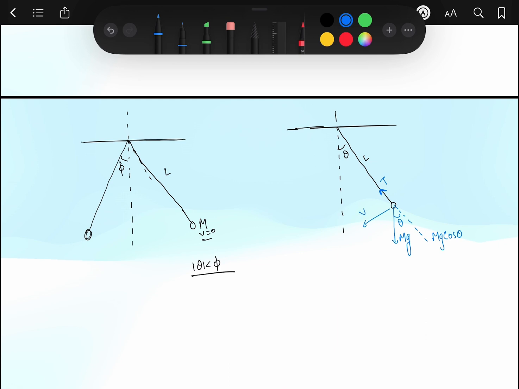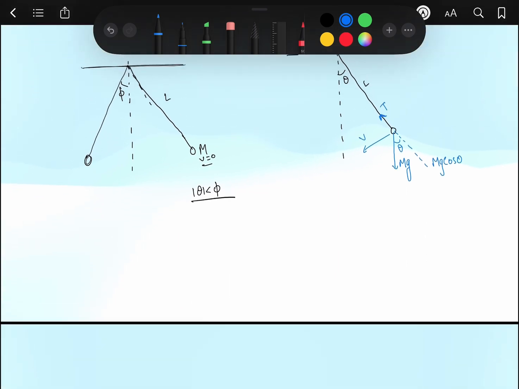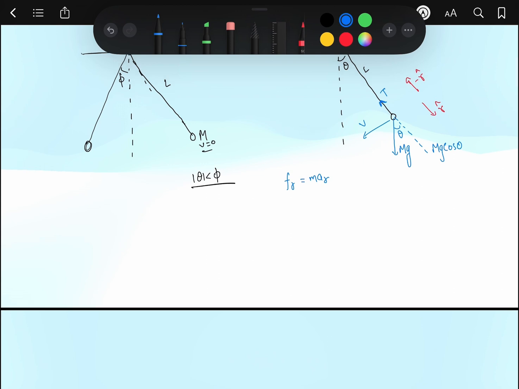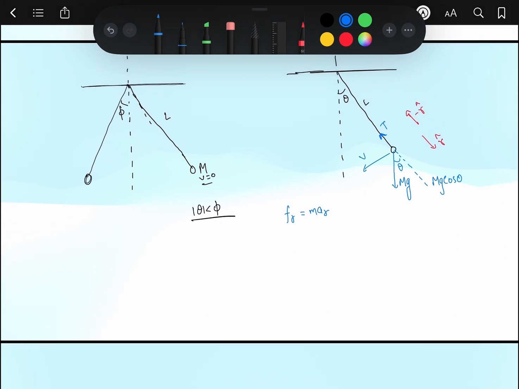So if I write the circular equation of motion in polar coordinates, F radial will be equal to mass into radial acceleration. Here I will take this direction as the positive direction. This is our positive r cap and this is our negative r cap direction. So I will be writing all the forces according to the positive r cap and negative r cap.